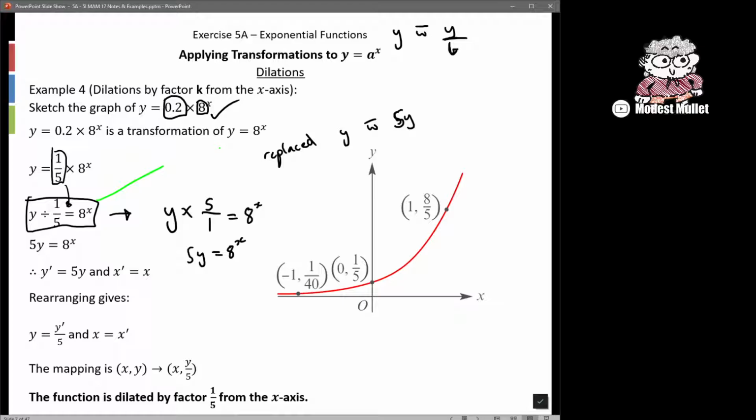Sorry, I'm going a bit quick because I'm cognizant of everyone's time. But this 5y, well, we can write that as y divided by 1 on 5. And we can read that's clearly our b, our dilation, because our dilation is always written underneath when we look at it in terms of replacement.